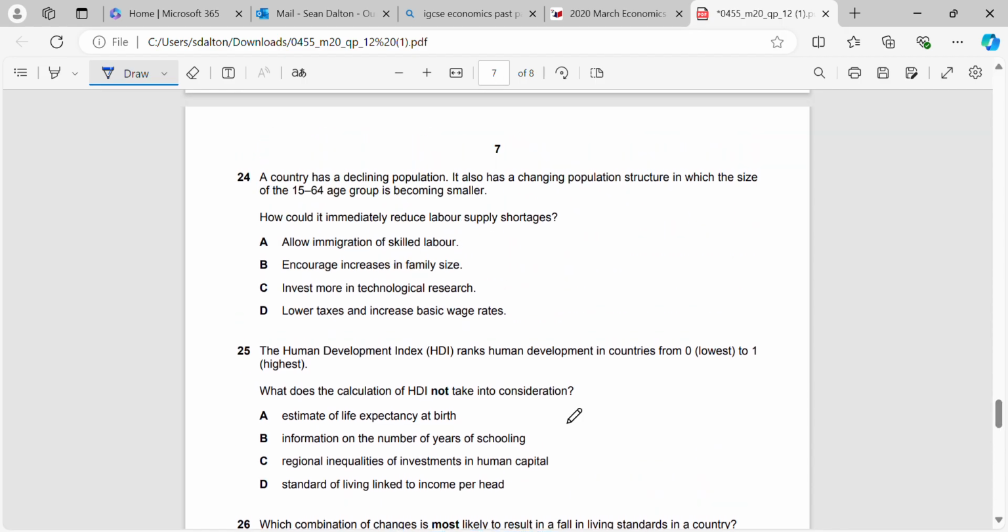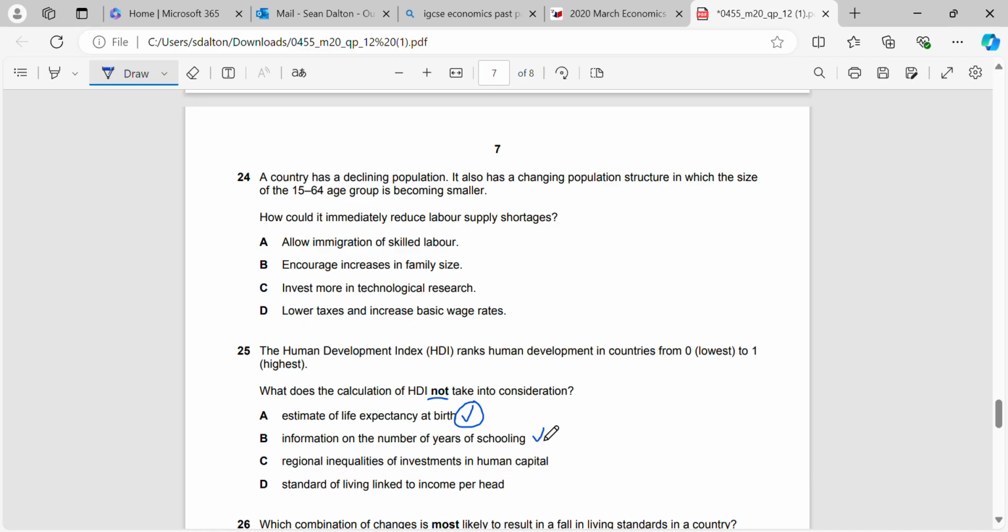Question 25. The Human Development Index ranks human development in countries from 0 to 1, which is the highest. What does HDI not take into account? If you go and look at your HDI, included in your poverty section, notes and slides are available in OneDrive, you'll see that it does include life expectancy at birth.